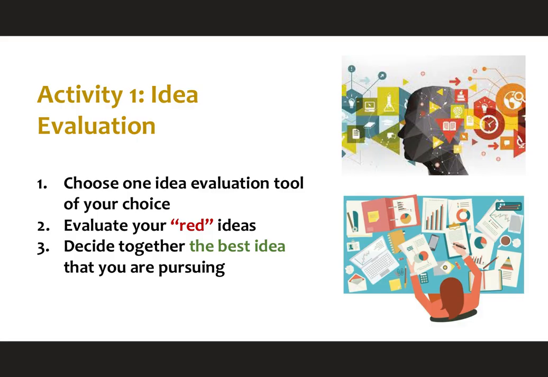So choose one of the three in order to evaluate your red idea. So bring all the red ideas together and then try to evaluate each idea using the idea evaluation tool that you chose in part 1. And then decide together among the group which idea is the best idea that you would like to pursue, or your group would like to do.